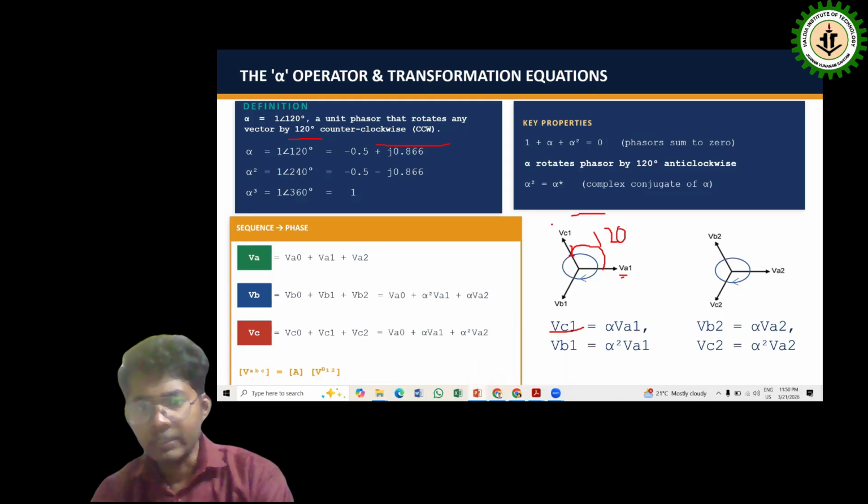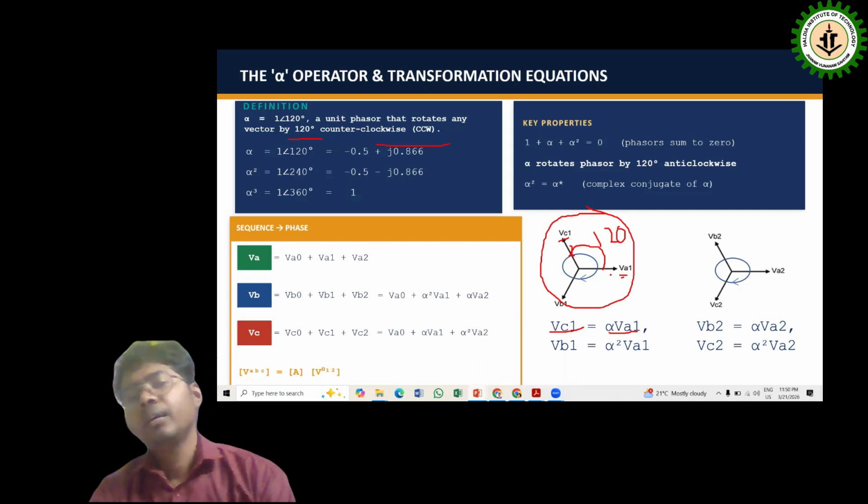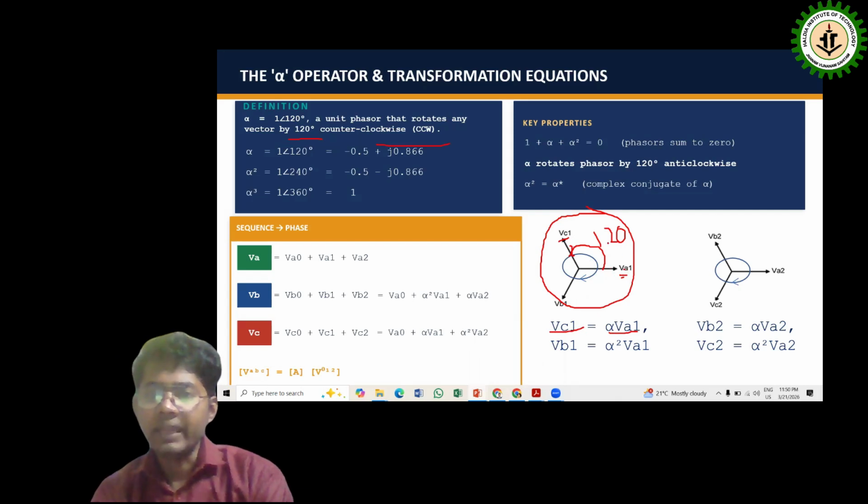Suppose for this phase sequence, VCA1 equals alpha multiplied by VA1. The alpha can shift VA1 from here to here: VCA1 equals alpha into VA1, anti-clockwise rotation of 120 degree.